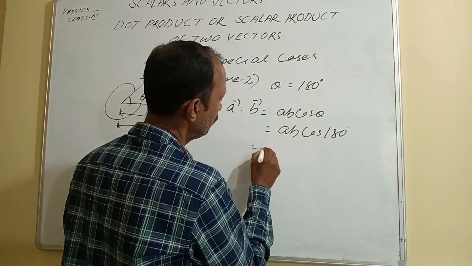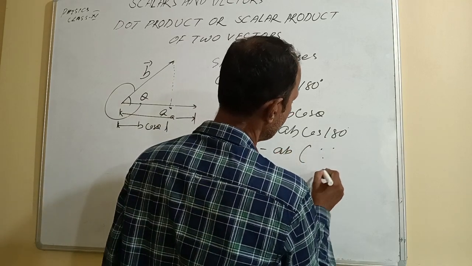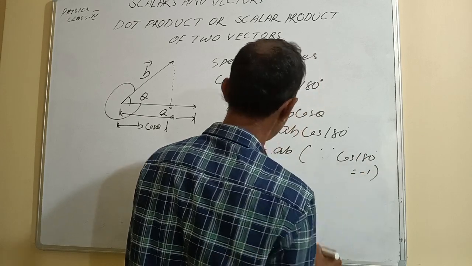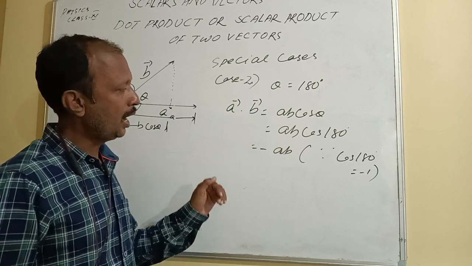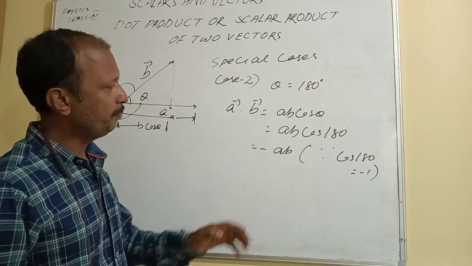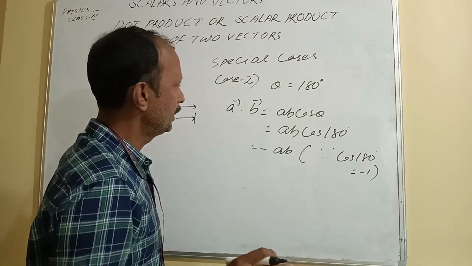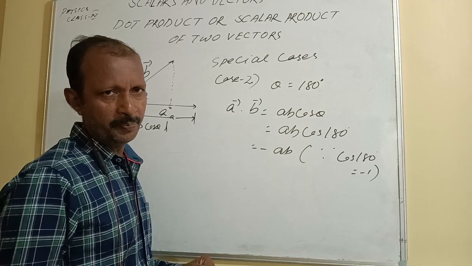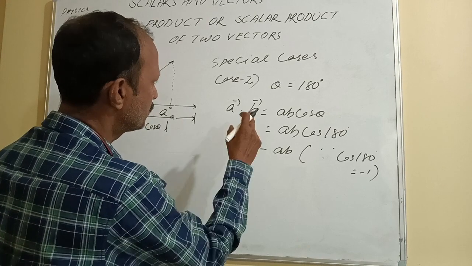This is equal to minus AB, since cos 180 degree is equal to minus 1. That means if two vectors are anti-parallel, then the dot product will be the negative product of their magnitudes. So 180 degree means this is the anti-parallel.